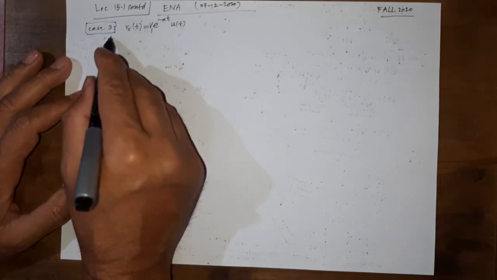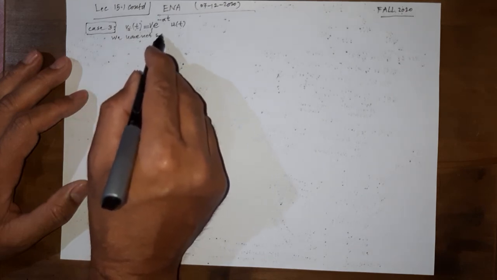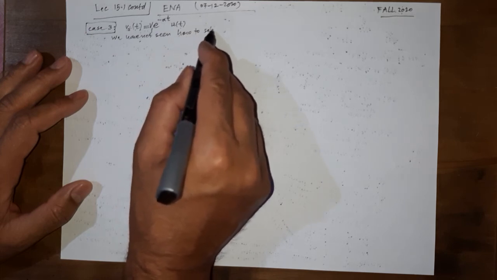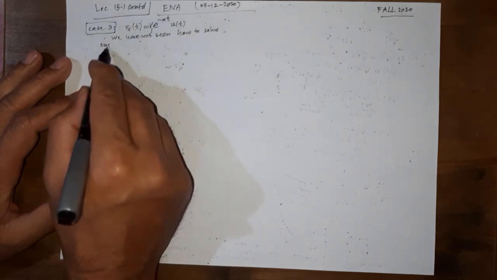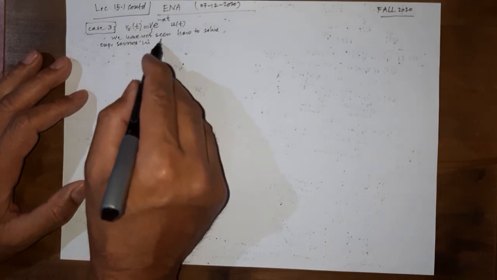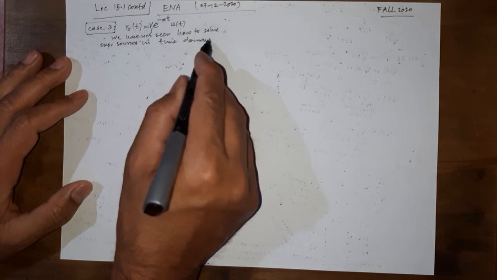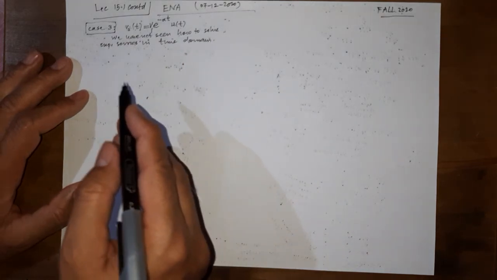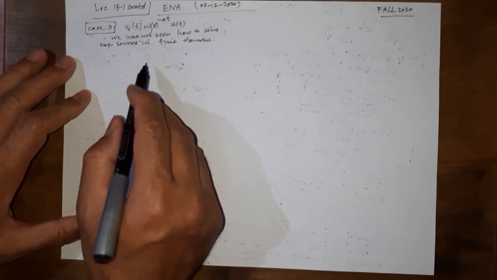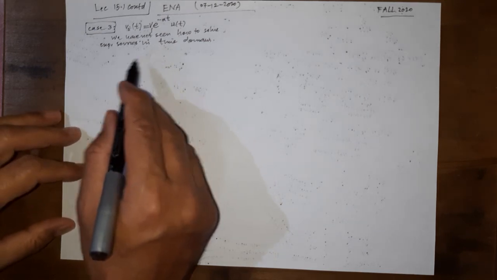We cannot. We have not seen how to solve exponential sources in the time domain. Although if you remember from the course on differential equations, you can actually write a differential equation and solve it, but we have not seen this in LCA or ENA. So we cannot do this.